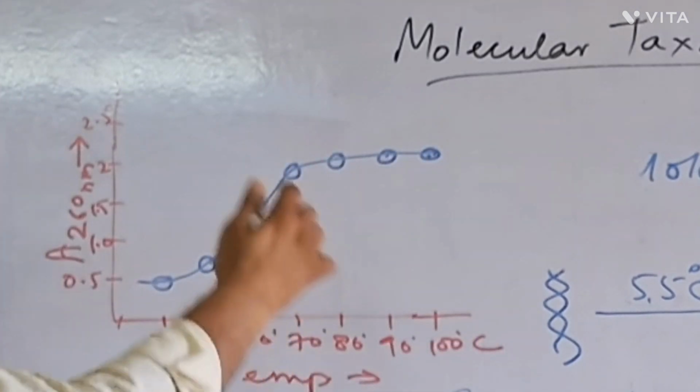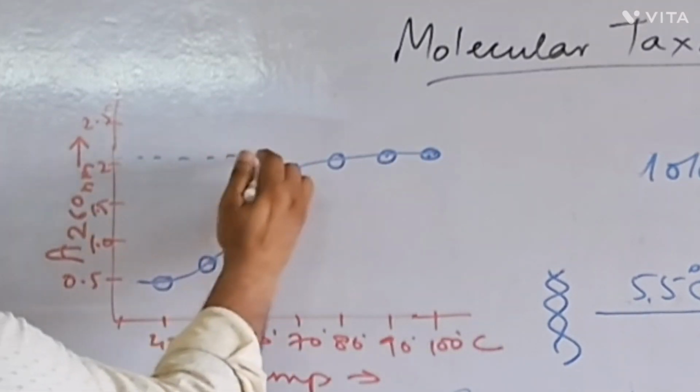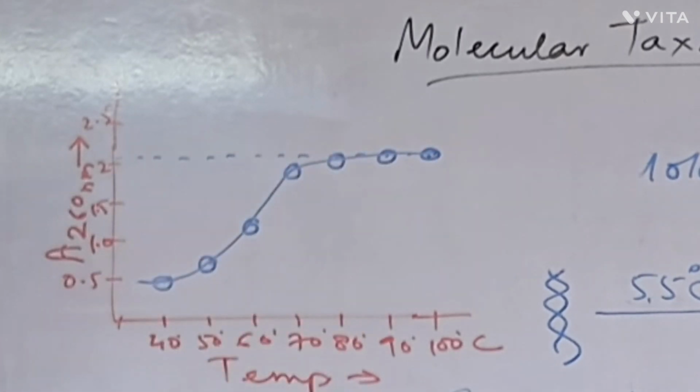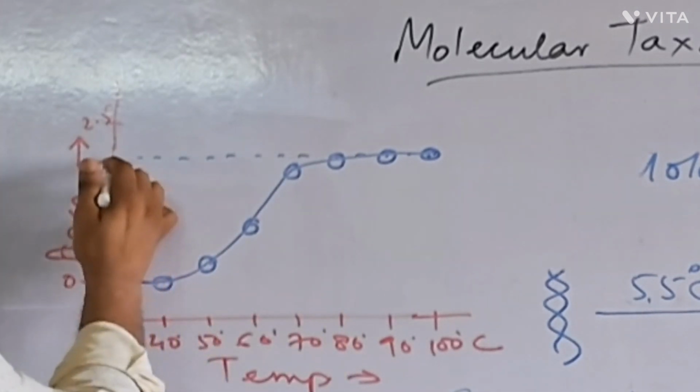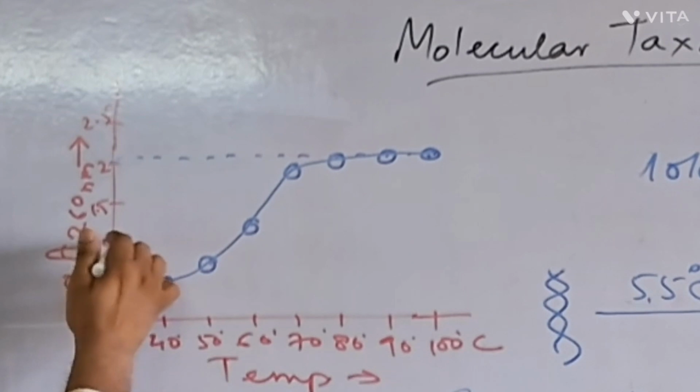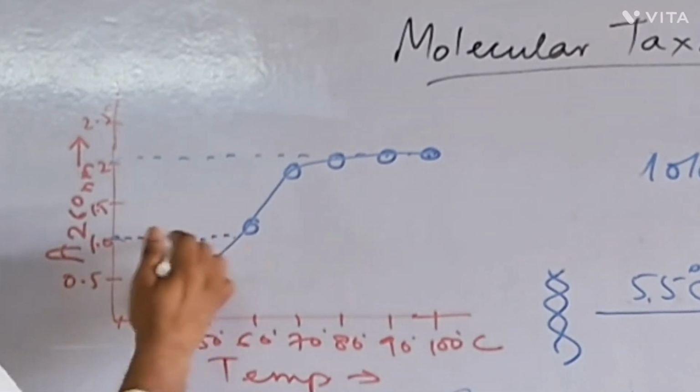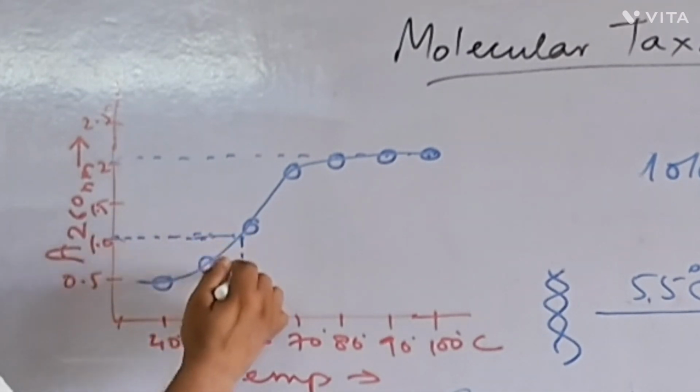So what is the maximum absorbance? This is the maximum absorbance. At what temperature was that maximum absorbance reached? At about 80 degrees centigrade. So what is half of that absorbance? If it is 2, that will be 1. So here is the half absorbance. At what temperature is that happening?